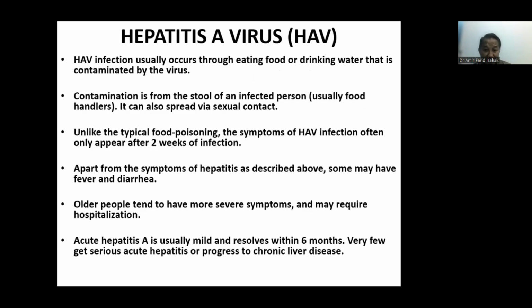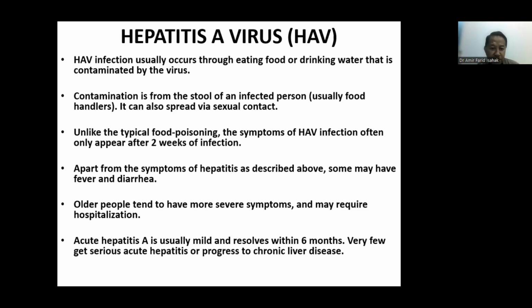What about hepatitis A virus? HAV infection usually occurs through eating food or drinking water that is contaminated by the virus. Contamination is actually from the stool of an infected person, and that infected person is usually a food handler. It can also spread via sexual contact.